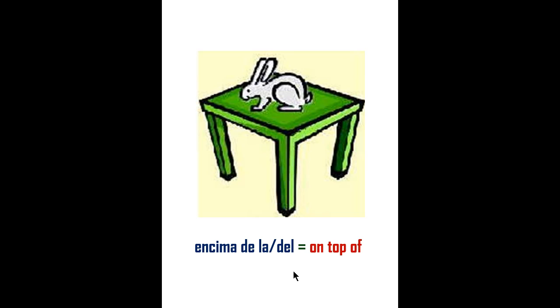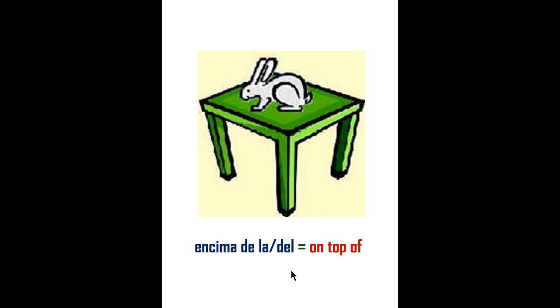To say that something is on top, the preposition is encima, encima, on top. What follows afterwards, you'll either use de la or del, depending. In the case of de la, the noun is feminine.